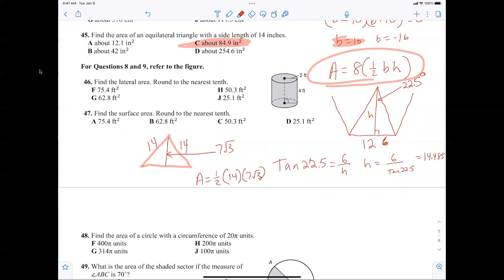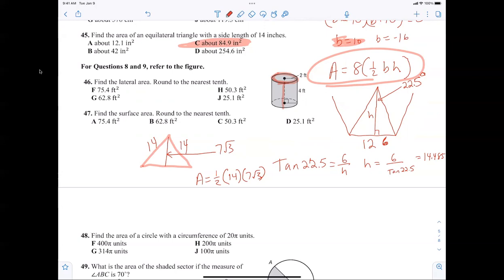All right, find the lateral area. The lateral area is just the area of the sides, correct? So in this cylinder, the lateral area is the circumference times the height. Does everybody remember that? Circumference times the height.